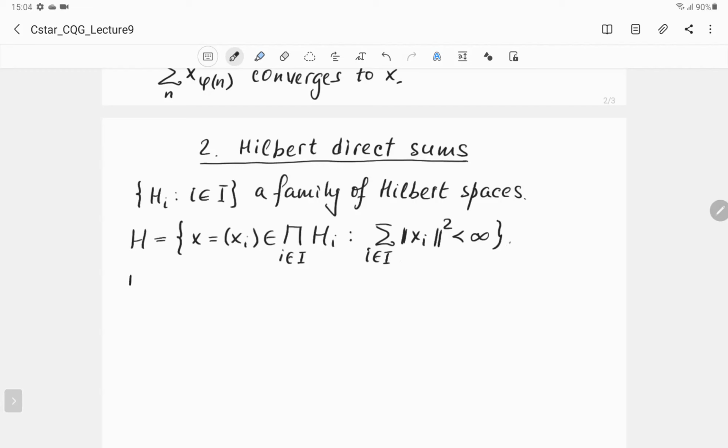So we have the following simple exercise. First of all, I claim that H is not just a set, but a vector subspace in the product.